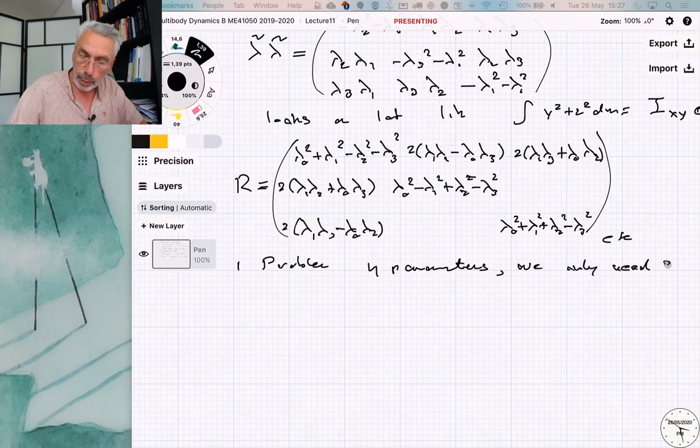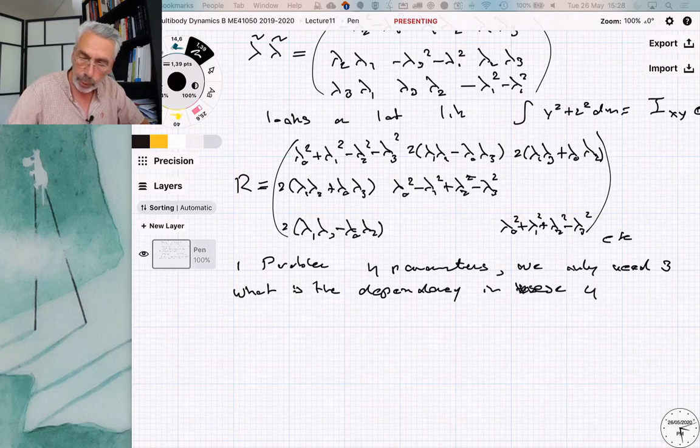Remember, Euler's theorem was you can describe a rotation matrix with 3 parameters. So why 4? What is the constraint dependency in these four parameters?